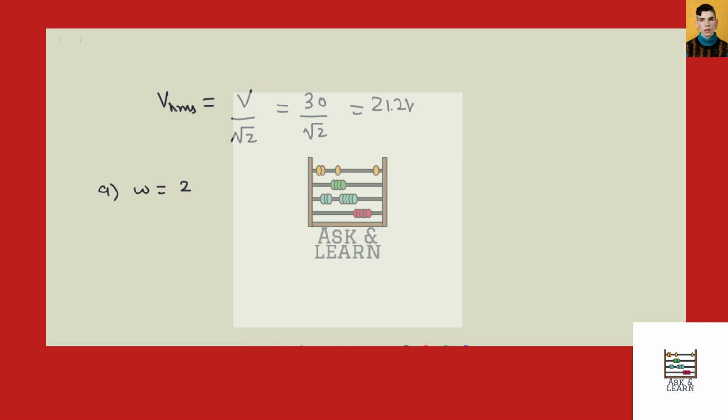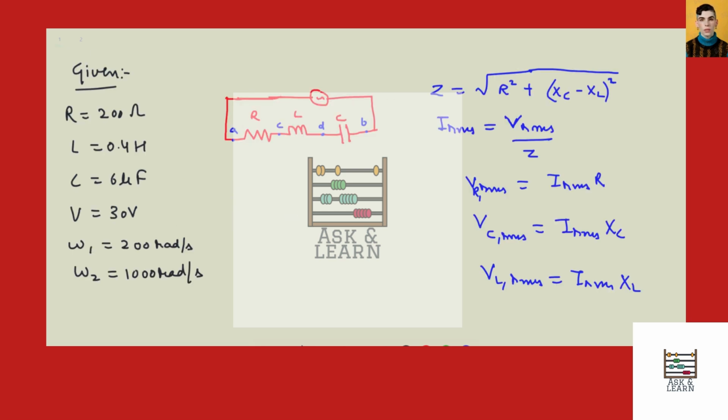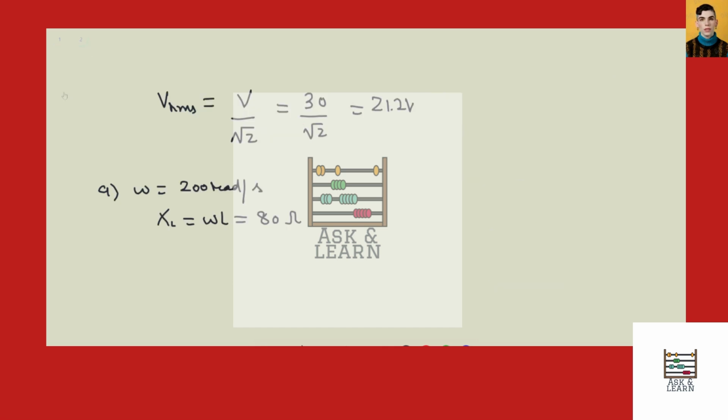We have omega equals 200 radian per second. XL equals omega L, using omega equals 200 radian per second and L equals 0.4 Henry, which comes out to be 80 ohm. XC equals 1 over omega C, which comes out to be 833 ohm.